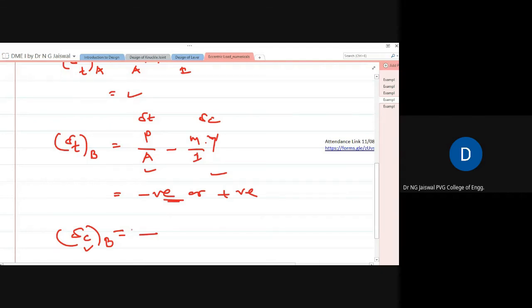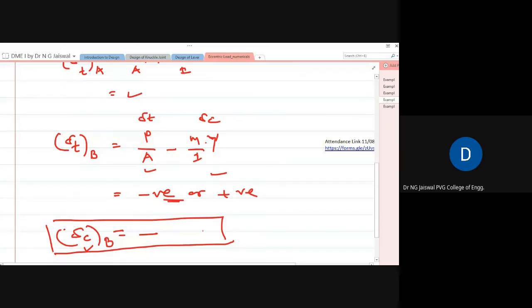I hope you are making this clear to yourself. Before the calculation, I don't know whether the answer is negative or positive. Once I get the answer, I can comment that the net effect is compression or tension. So accordingly, you have to write a very clear sentence that fiber B is subjected to compressive or tensile stress depending on the value.